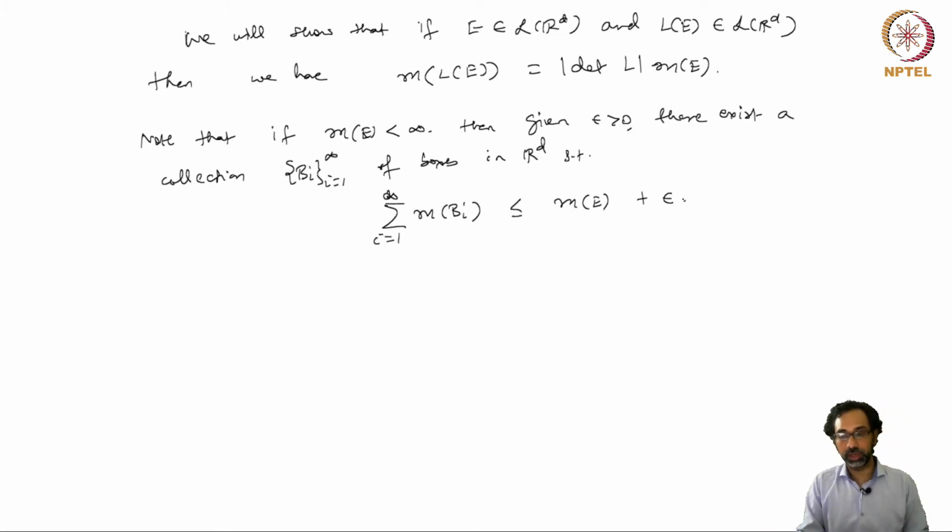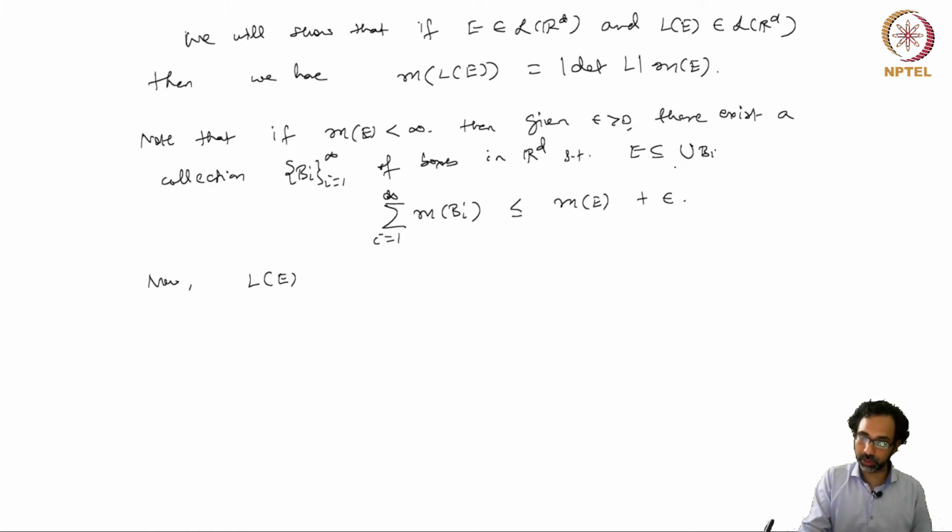This is basically the first definition of the outer measure that we used, which is the covering of E with boxes and estimating it by taking an infimum. So we have this. Now LE is then covered. First of all, E is covered by these boxes, so LE is covered by the union of these boxes LB_i.